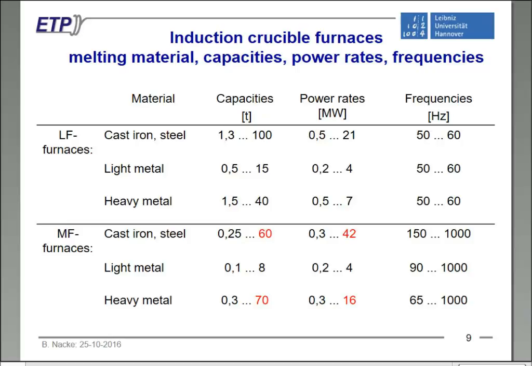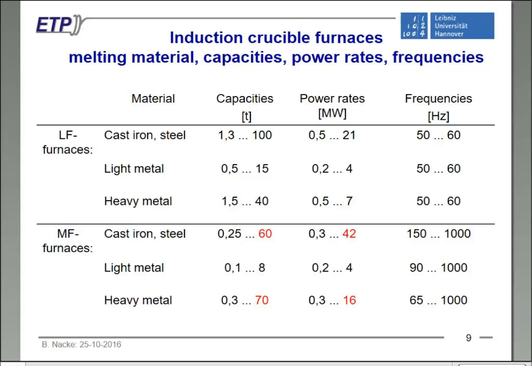For cast iron, or maybe I have to say better for steel, the newest development are 60-ton furnaces with a power rating, really big, of 42 megawatt. This is a trend in the steel industry that the classical use of arc furnaces is replaced by induction crucible furnaces. So this is, from my point of view, actually the biggest power for induction crucible furnaces.